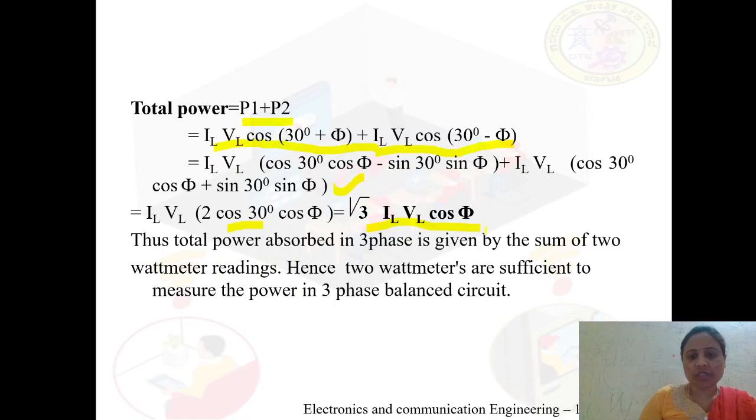By looking at this expression, it resembles the expression for power which we derived for the line parameters. Hence we can conclude that 2 wattmeters are sufficient to measure the power in 3-phase balanced circuits.